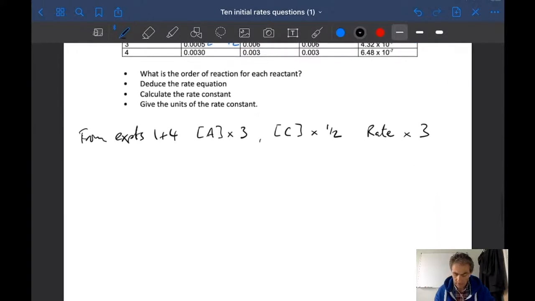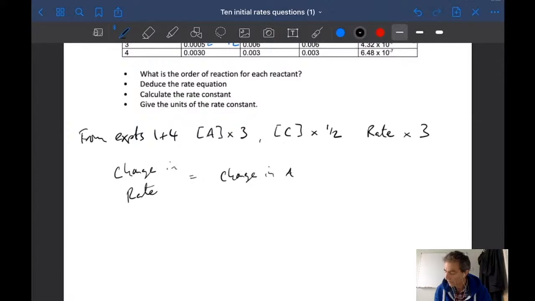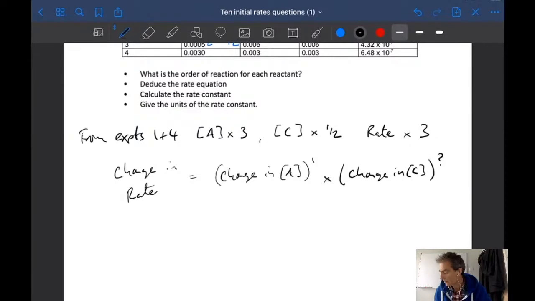So what we can say is the change in rate is equal to the change in A concentration raised to the power 1, because we know that it's first order, multiplied by the change in concentration of C raised to the power, well, we don't know that at the moment.